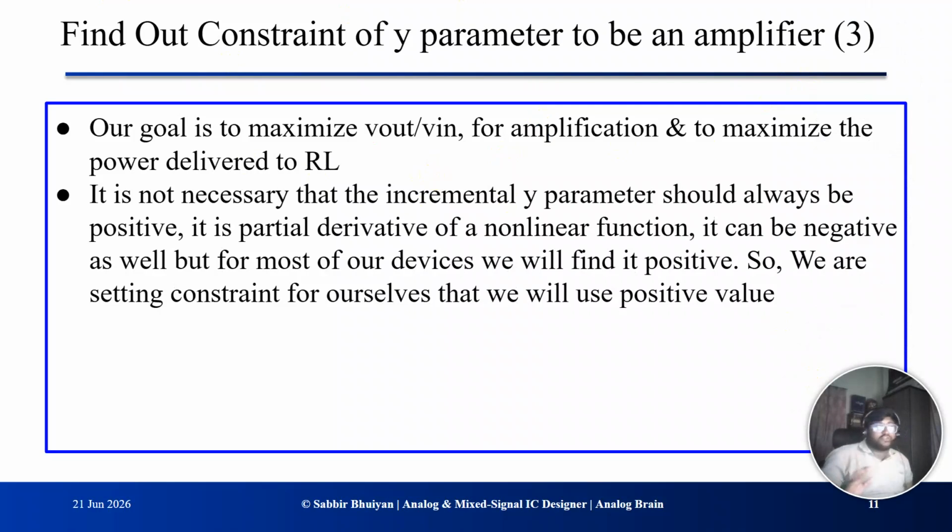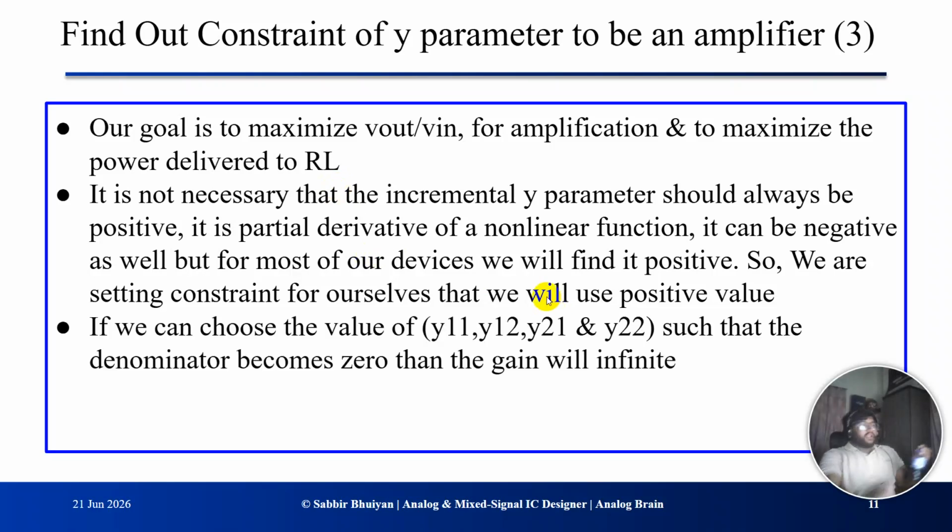So we are setting constraints ourselves that we'll use positive values. If we can choose the values of Y11, Y12, Y21, Y22 such that the denominator becomes 0, then the gain will be infinite.